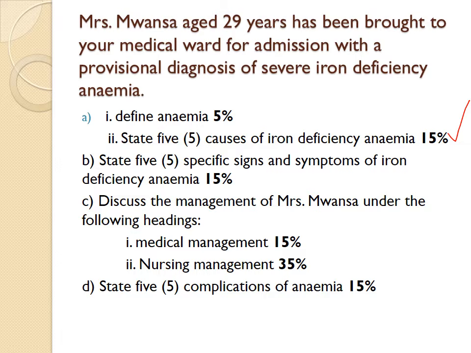When someone has frequent pregnancies, you are going to notice an increased demand for iron during pregnancy and lactation. And remember, a fetus takes much of the maternal iron. Another cause is lack of hydrochloric acid. Those are the common causes of iron deficiency anemia.